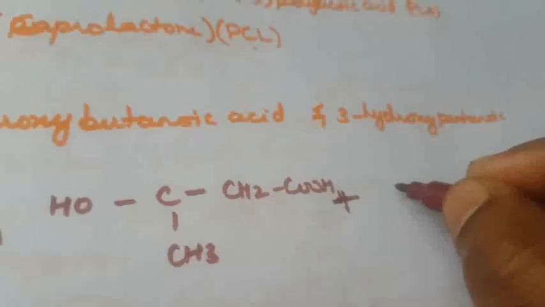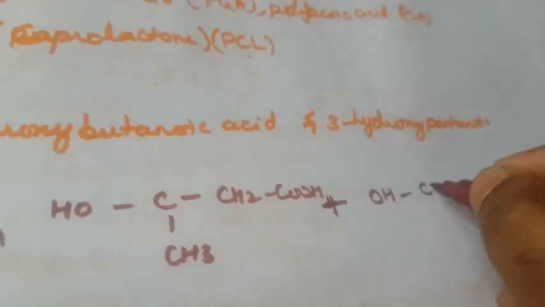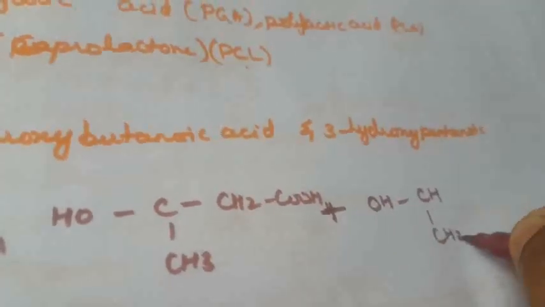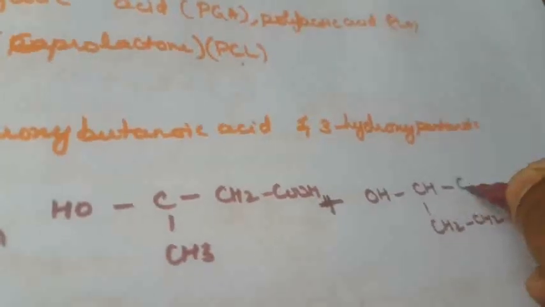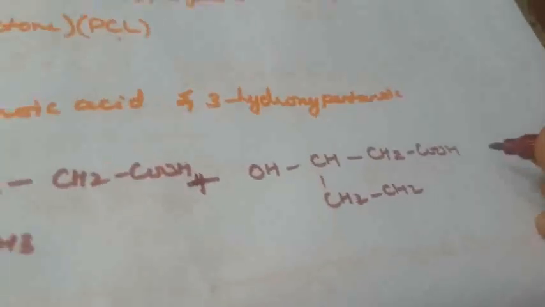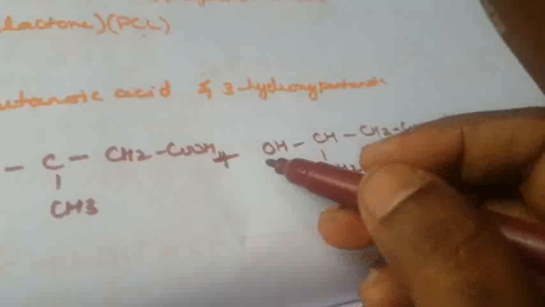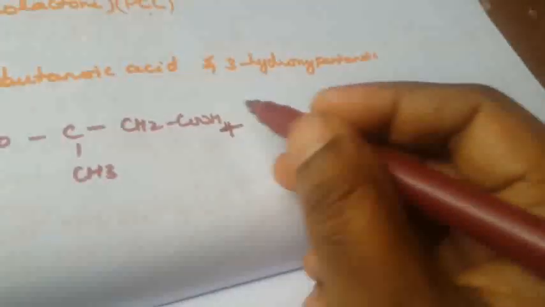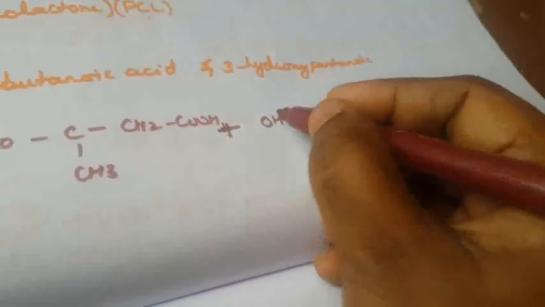So here OH, CH, CH2, CH3. Now CH2, COOH, that is pentanoic acid, right? So an H2O molecule will be removed. So the H2O will be removed from this compound.